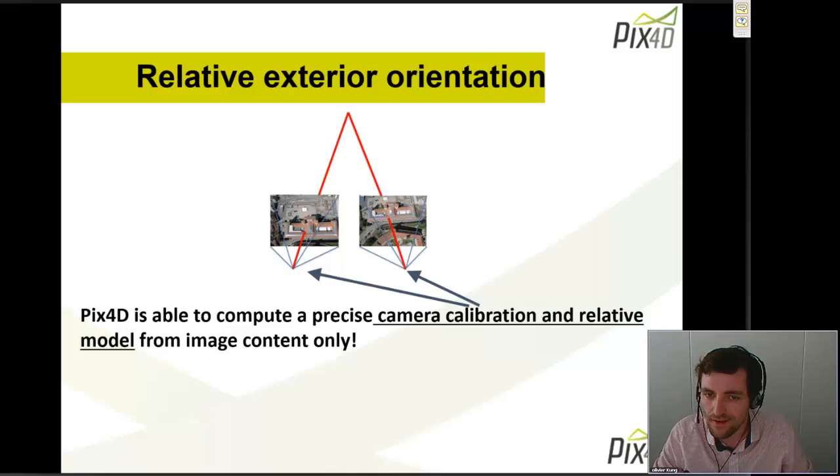What I'm saying there is that there's so much information in the images that without any other additional information than just the pixels of the images, you are able already to find out and to re-estimate all the parameters of the camera, meaning the interior, meaning the focal length, the exterior, the orientation between each other, and generating at the same time a 3D representation of the whole model.